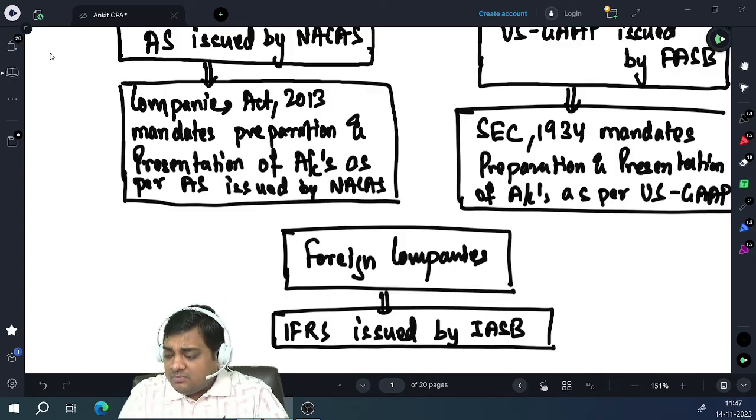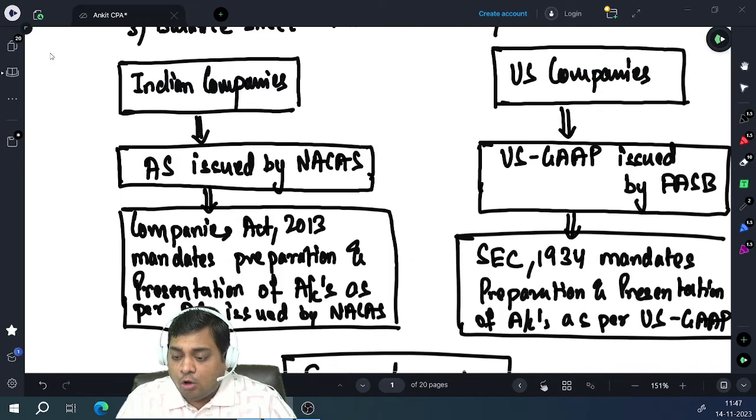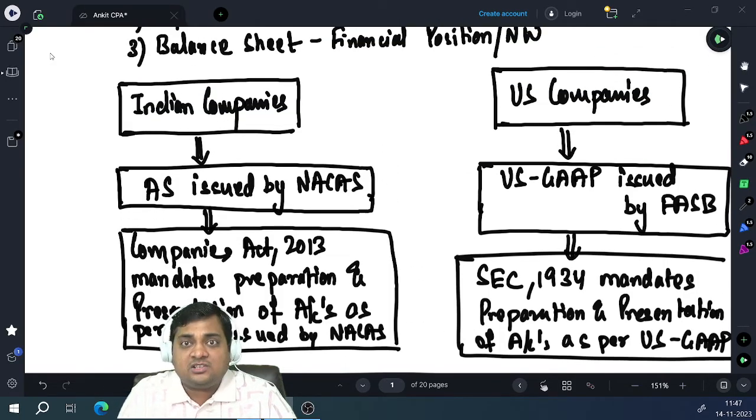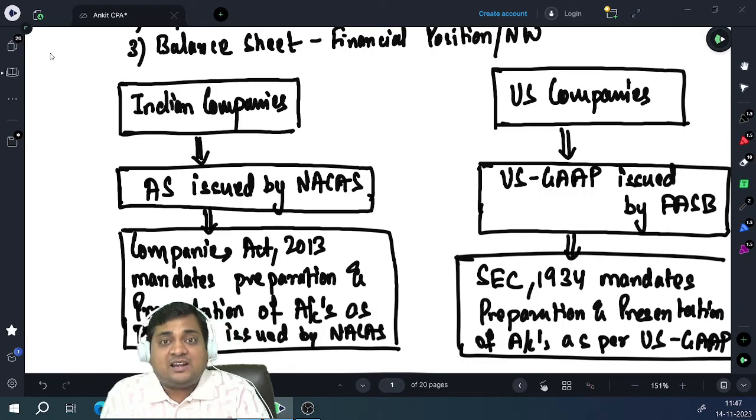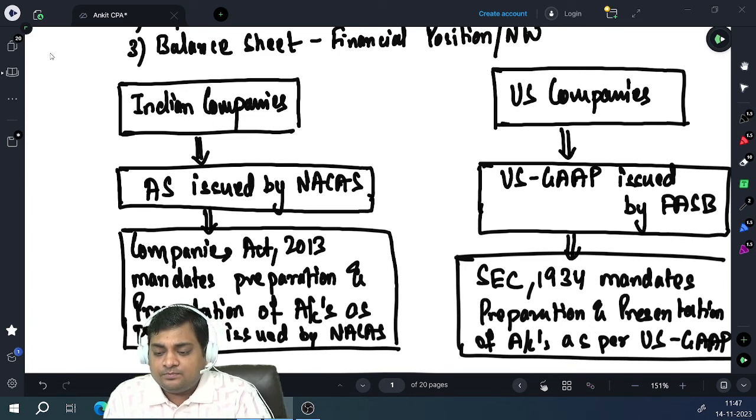Similarly, IASB would also want to converge their accounting standard with US GAAP, but because of difference of opinion between the standard setters for US GAAP and IASB, this could not take place, right?